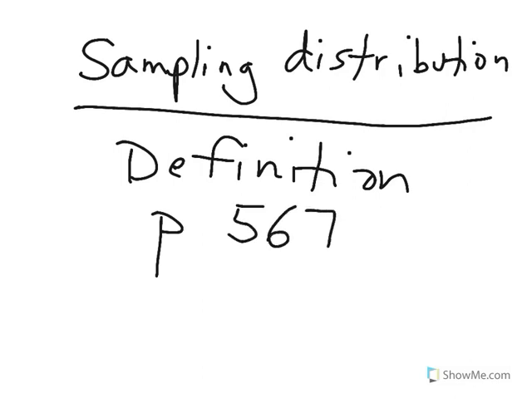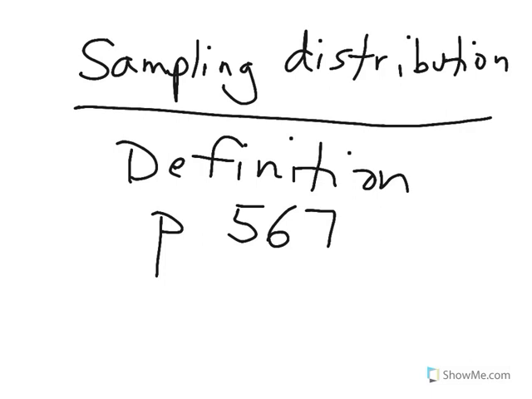It says the sampling distribution of a statistic is the distribution of values taken by the statistic in all possible samples of the same size from the same population. It is important that you note they're the same size samples. So I wouldn't be comparing samples of size 10 to samples of size 100.